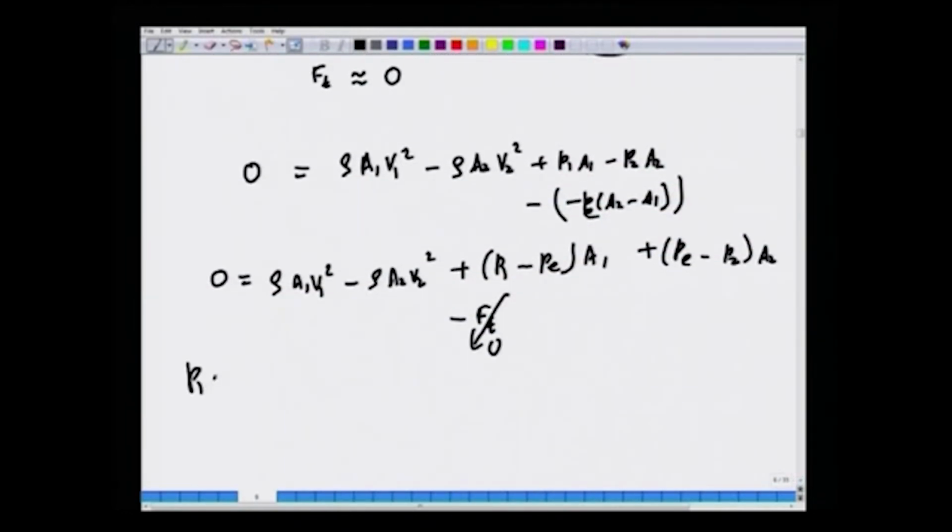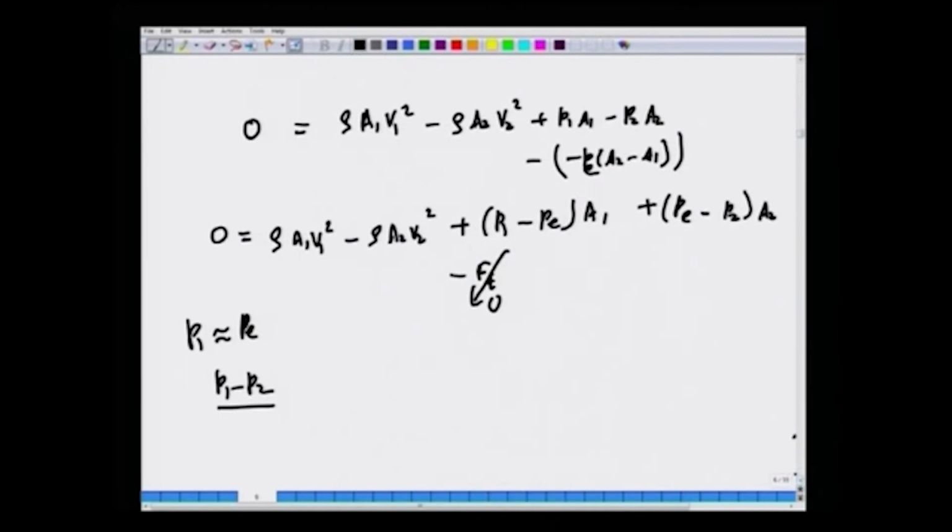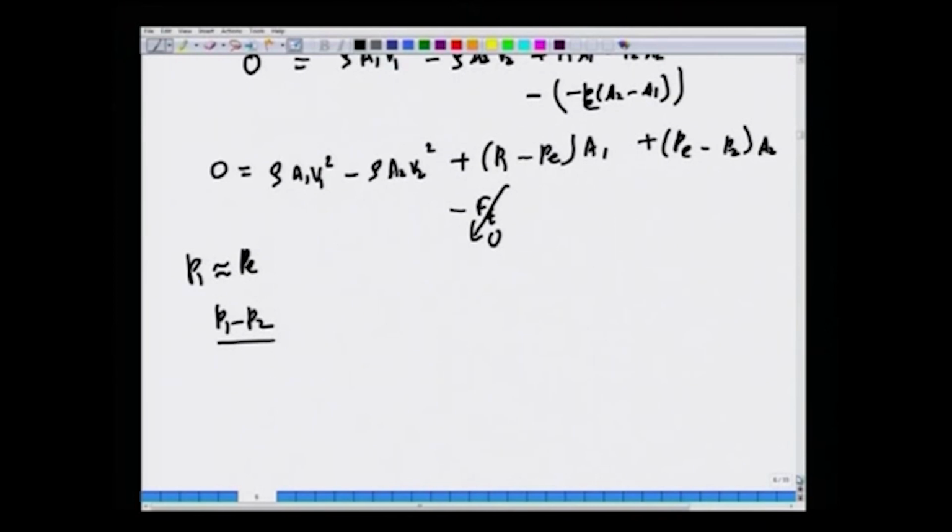So, we assume P1 is approximately PE. Rewriting this equation, P1 minus P2 over rho is V2 squared times 1 minus A2 by A1.